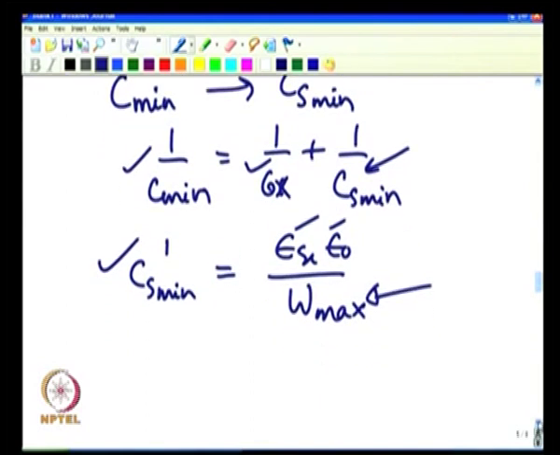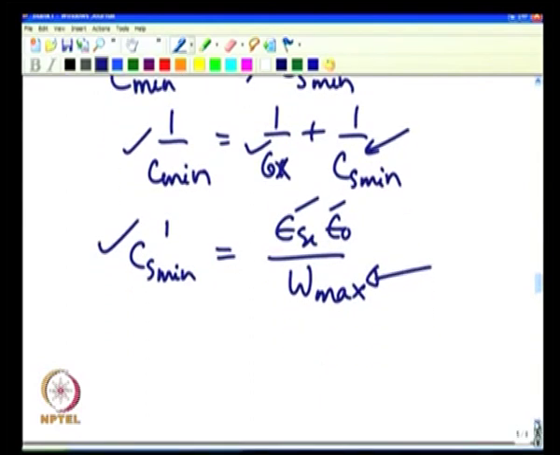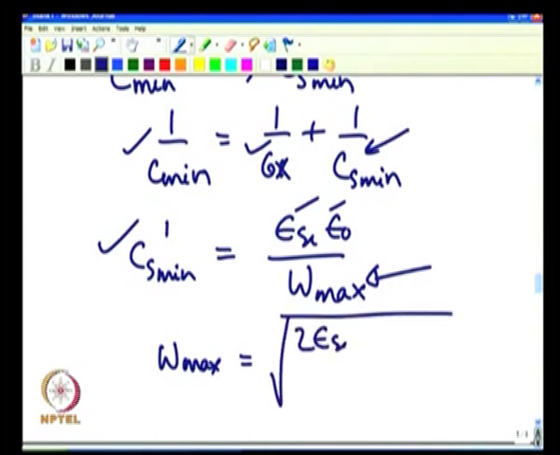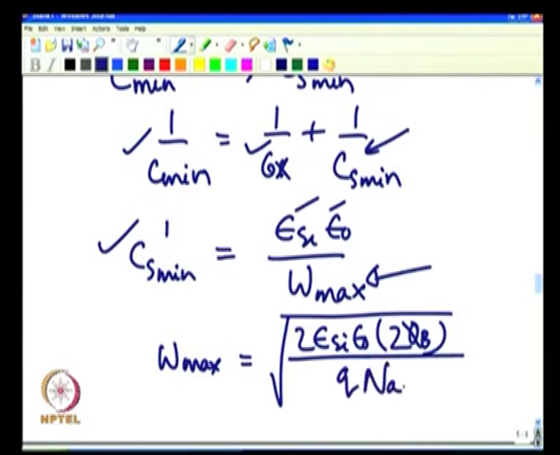Once you know the maximum depletion width, you can find out doping concentration now, because as you may recall, the maximum depletion width essentially is given by, right, when you reach a band bending of 2 phi b, that is when I reach inversion, divided by Q Na, where Na is the doping concentration that I want to find out.